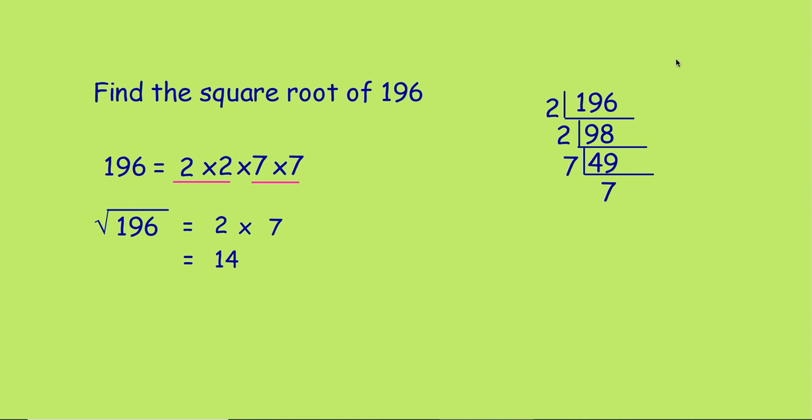That is, the square root of 196 is equal to 14. This is how we can find the square root of any number by the prime factorization method.